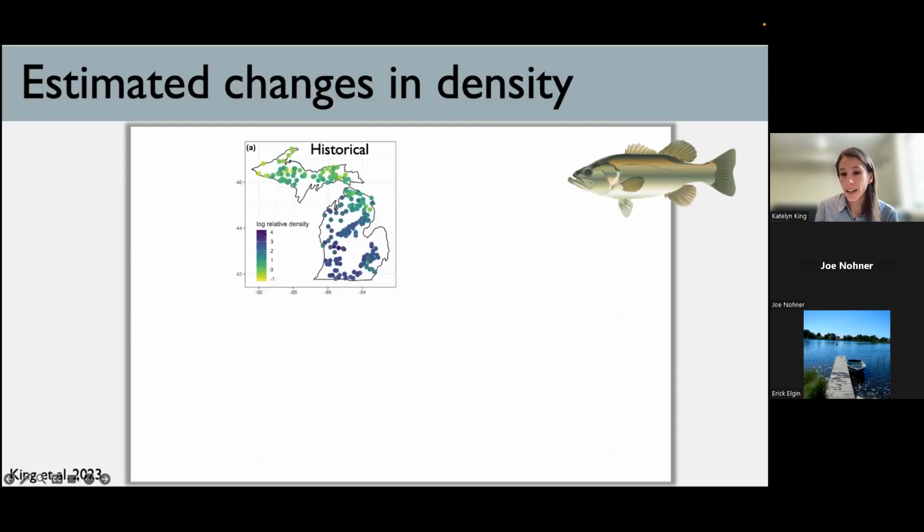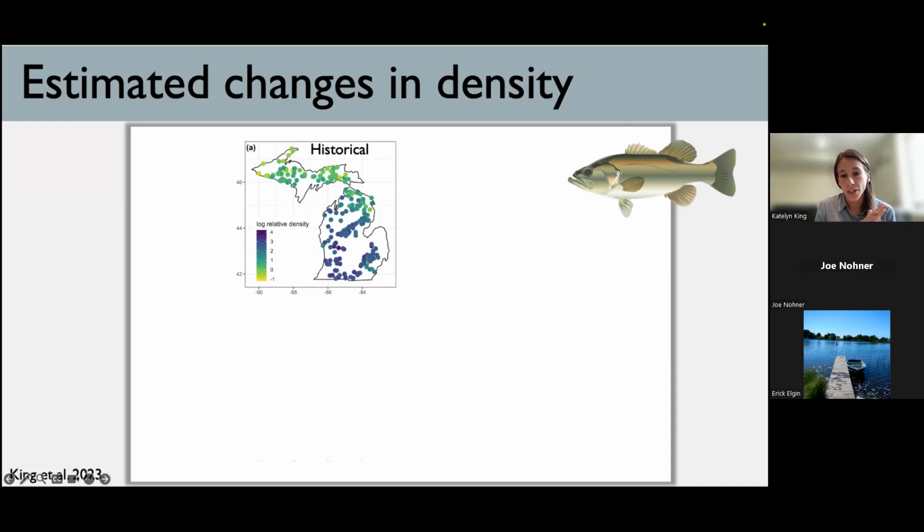So if we get a little bit more into looking at temperature, we used these models and hindcasted or predicted into the past, changing the temperature to the historical time period temperature. And so this map shows you the estimated relative density of the historical time period.